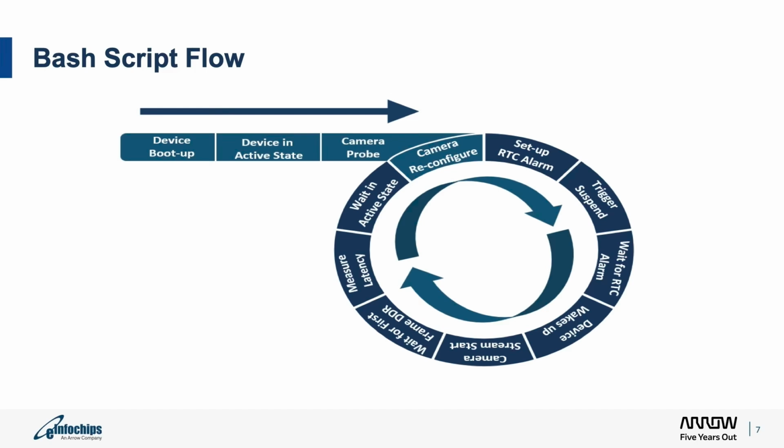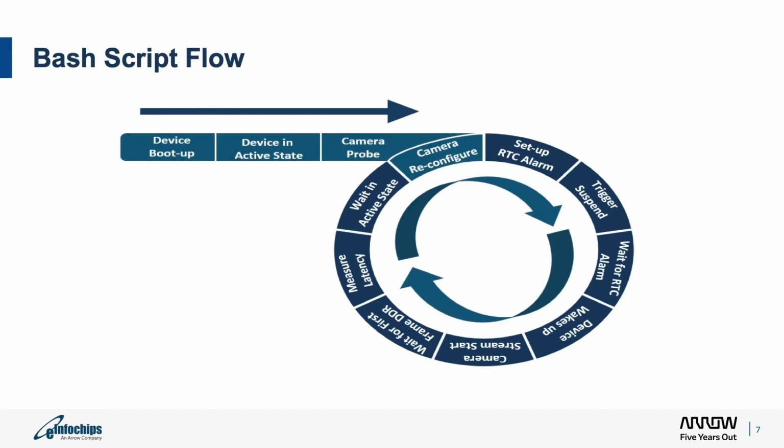The latency is measured between the device wake up interrupt and the first frame dump in DDR. The device then waits for the first frame to arrive in DDR and measures the latency between capturing the frame and the device wake up interrupt. After measuring latency, the device returns to the active state where it remains ready for further action.